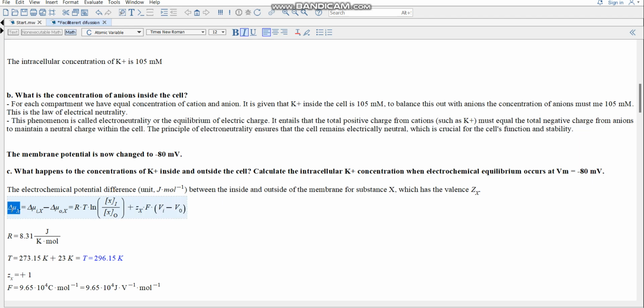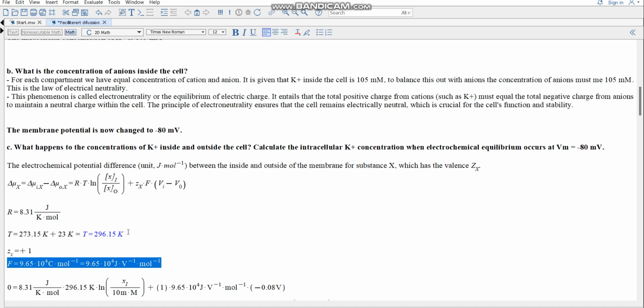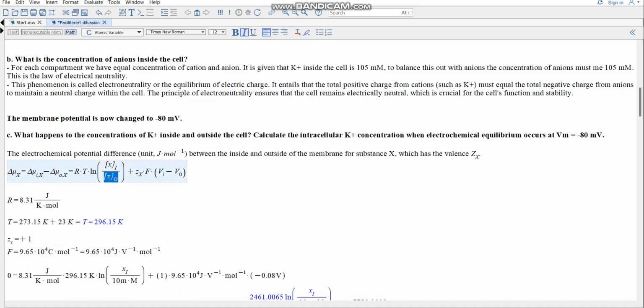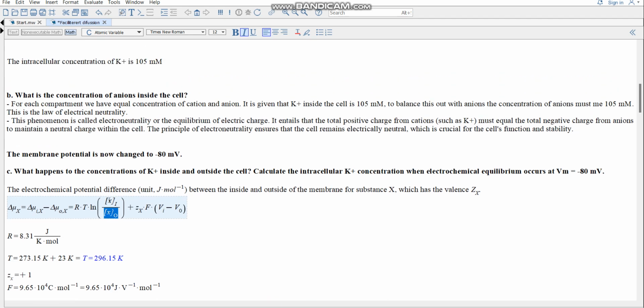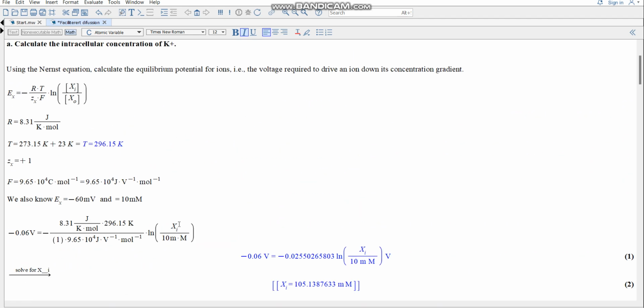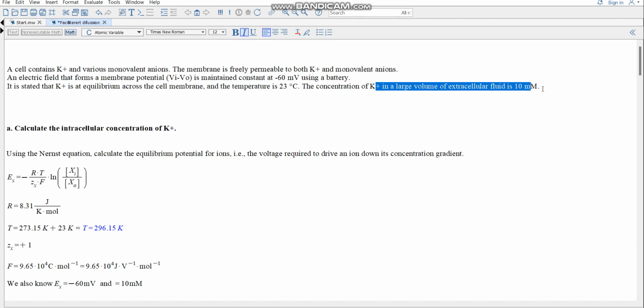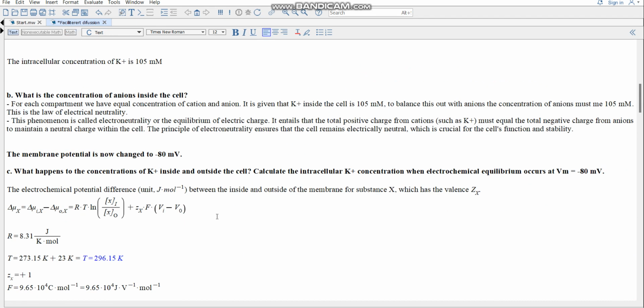Okay, so we know the gas constant, we know the temperature, we know the ion valence, we know the Faraday's constant. We also know that the concentration of the extracellular fluid, which is given to be 10 millimoles.